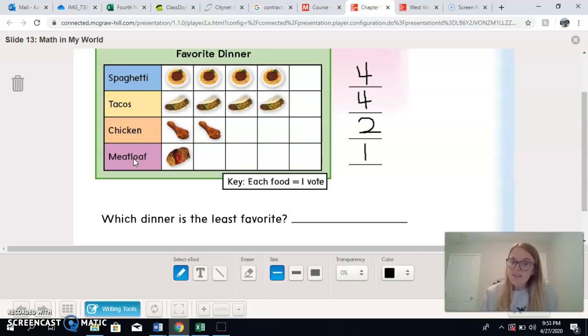But you don't write the number 1 because it wants to know what dinner is the least favorite. So the dinner that you would write is meatloaf because it has the smallest number of votes.